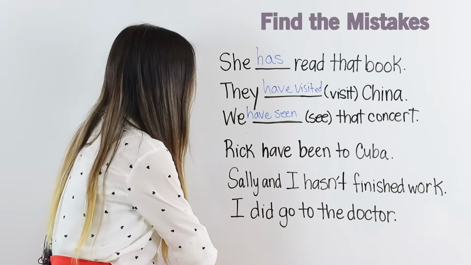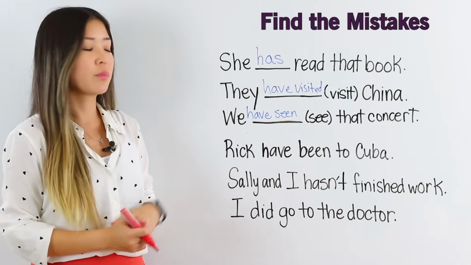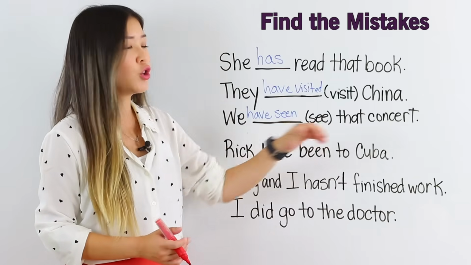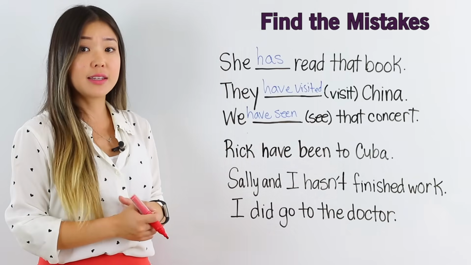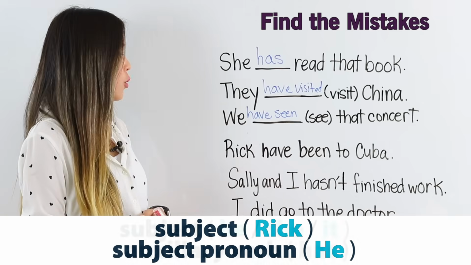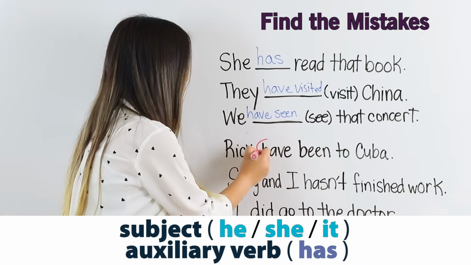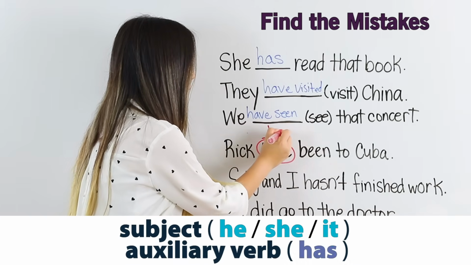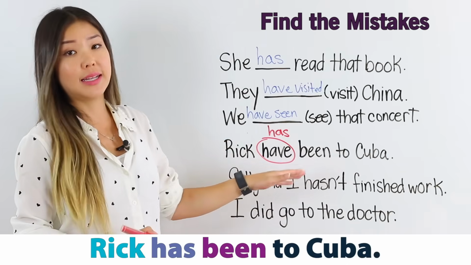Now, let's look for the mistake in the next sentence. Rick have been to Cuba. Take a look at the subject. Rick. Rick is a he. So, instead of have, we need to change this to has. Rick has been to Cuba.